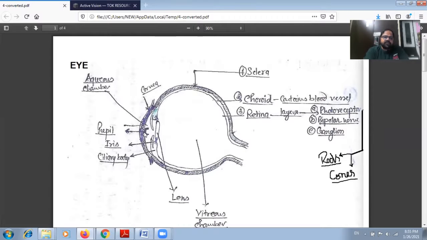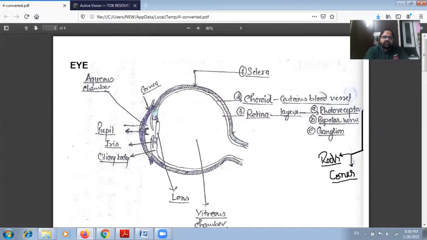Now we can see that this is one of the structures present in the human eye, in the first chamber. This structure is called iris, and we can see here the ciliary body also.